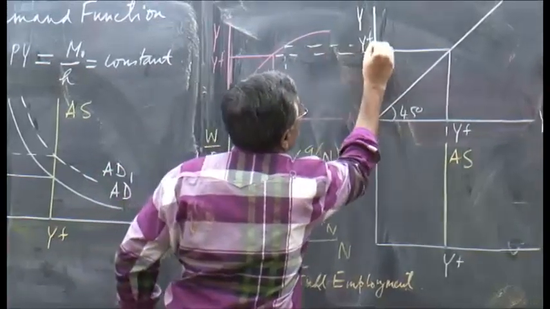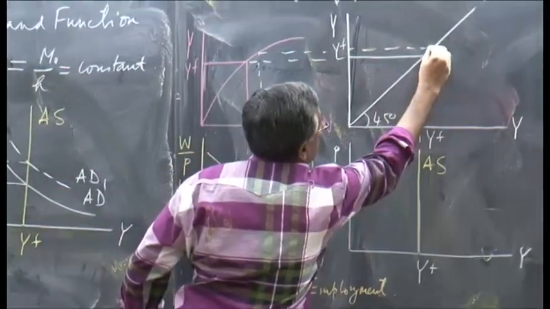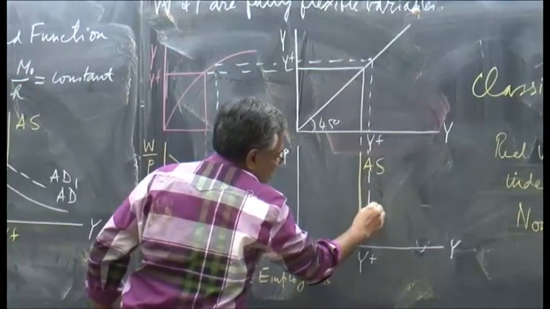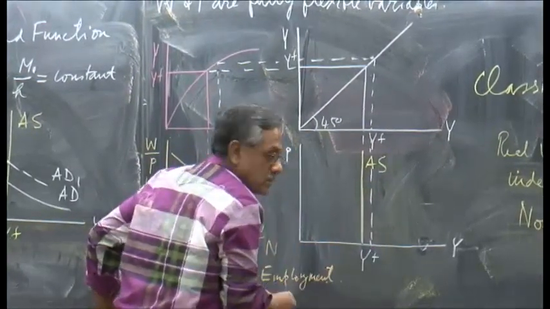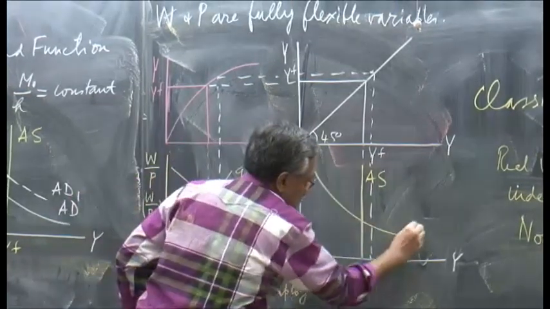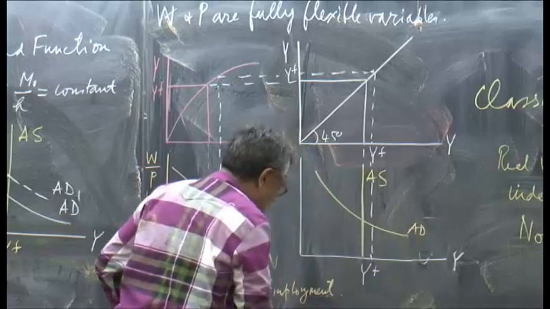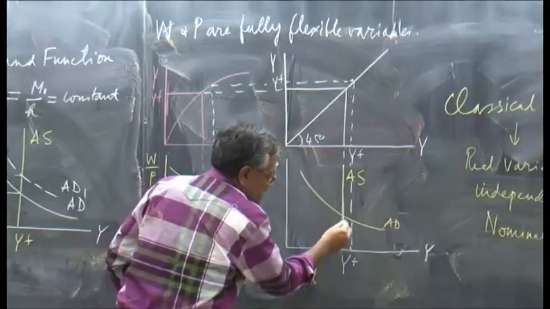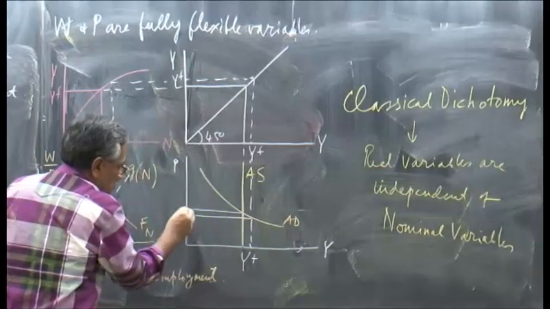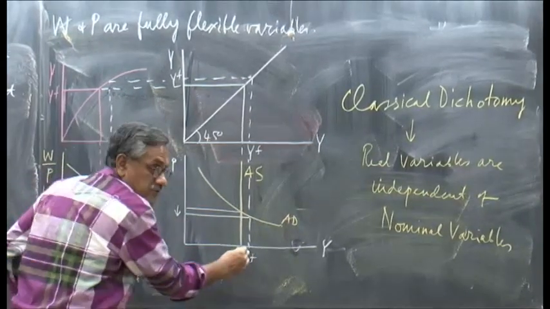You come through the 45-degree line and you find a new aggregate supply function. And suppose you already had a demand function. If that happens, clearly the prices will fall and output would increase.